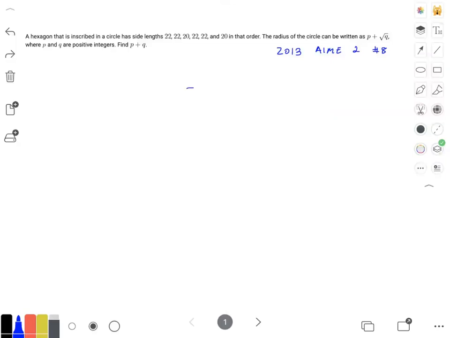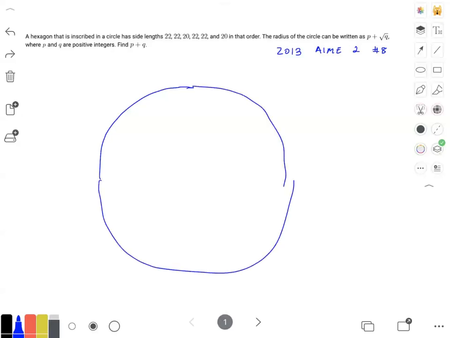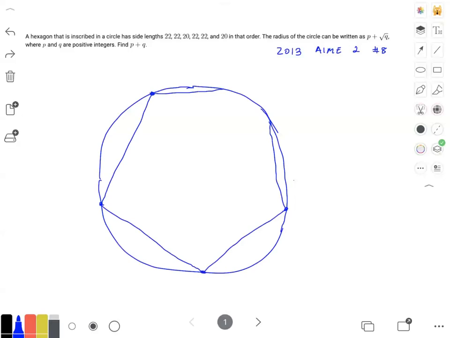Okay, so what I'll do is roughly draw a circle, and then let's start with the points. So 22, 22, 20, 22, 22, 20.